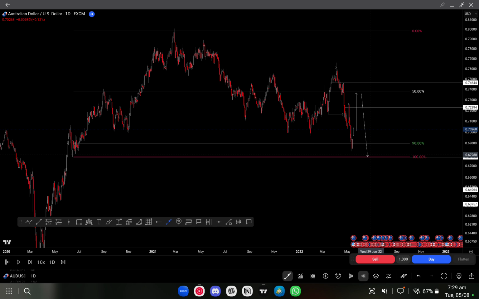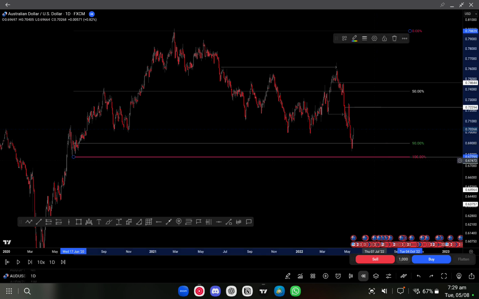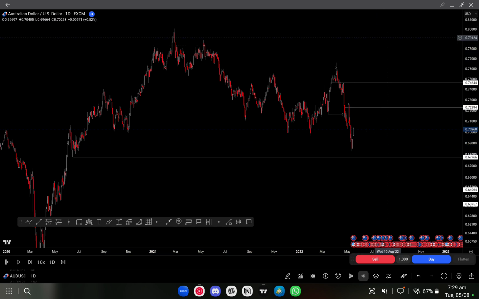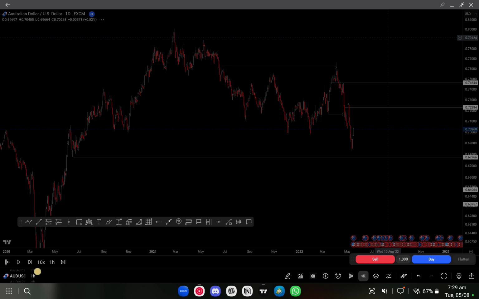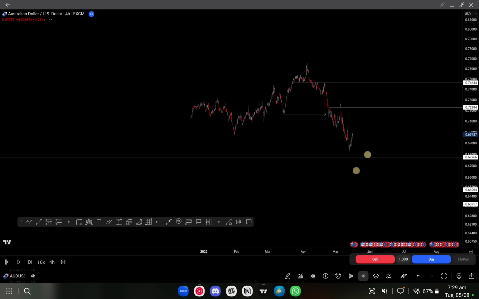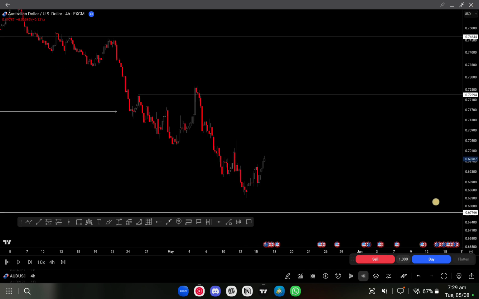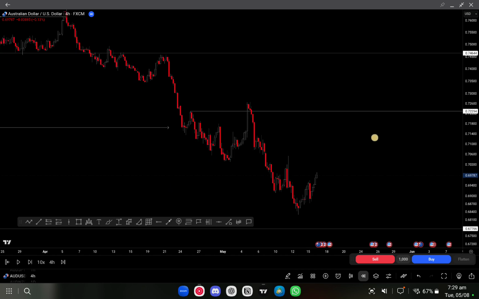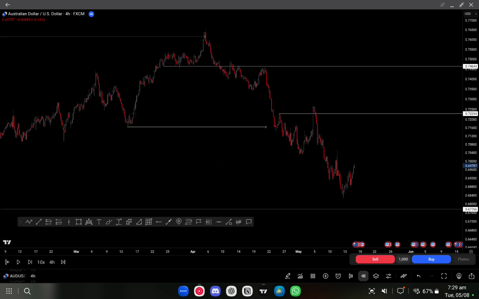So something that I'm just going to be looking at, but I'm not going to be taking Aussie US dollar trade right now until we get something proper developed. I'll have to go down to lower time frames, so we'll go back to the 4. And as we identified from the 4 hour, there was only one trade, which probably would have walked away with about 2.7%. Nothing special, nothing really in here. That is what it is.